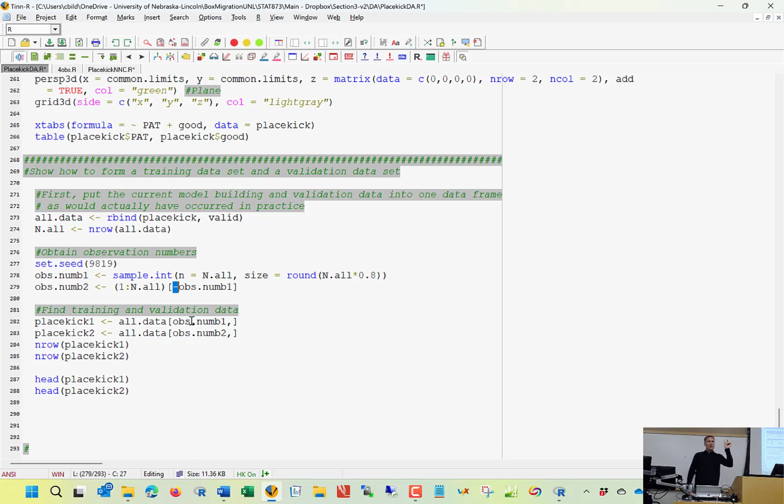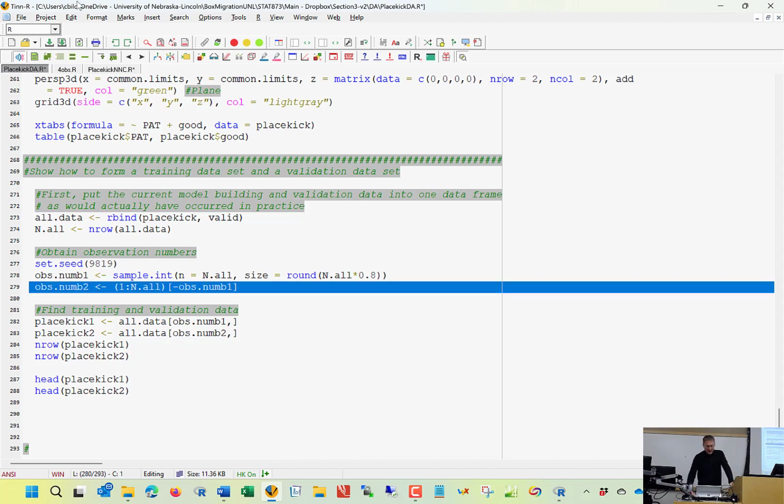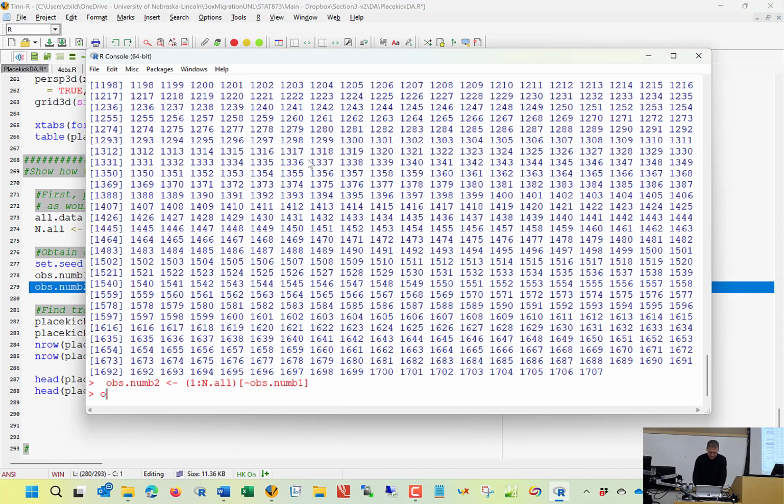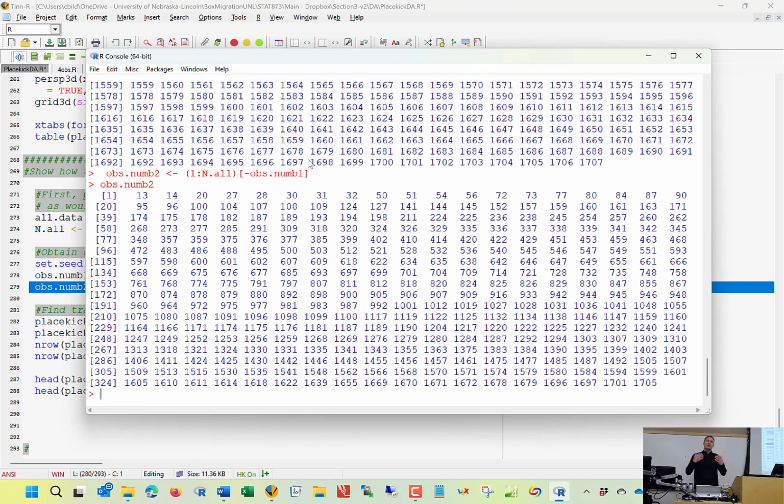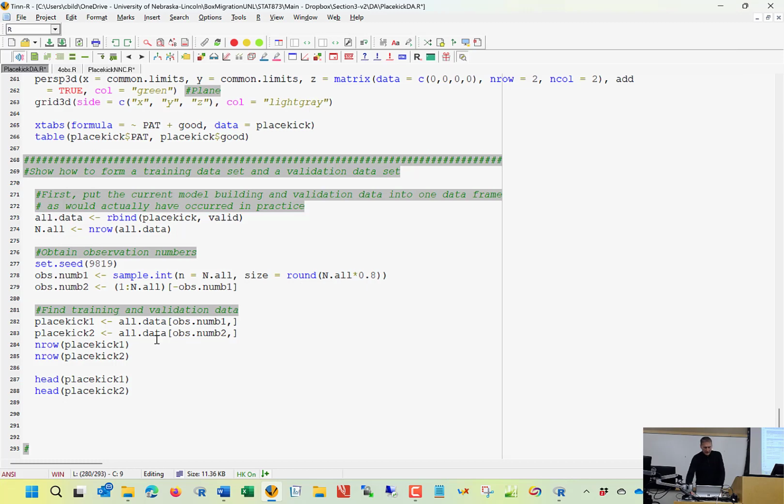So that minus there means no, I don't want that. I put that into obs.num2. Now this corresponds to the observations that will be in my validation data set. There is no overlap between obs.num1 and obs.num2. So once again, I can go back to all.data and simply pull out all those observations, and put them into what ends up being my validation data set.